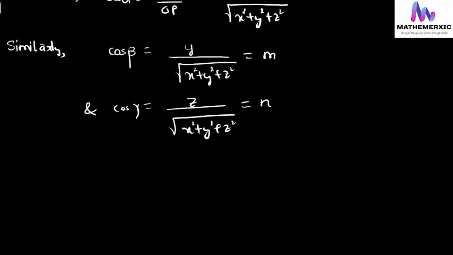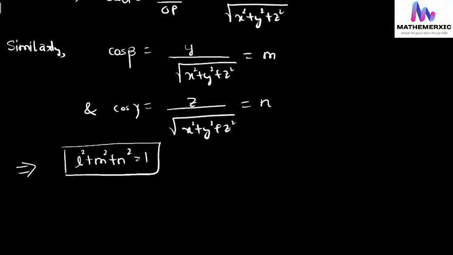And further we can write here, if we add all the RHS, l square plus m square plus n square, it will be 1 only, because the root will vanish out. Okay, so l square plus m square plus n square is equal to 1.